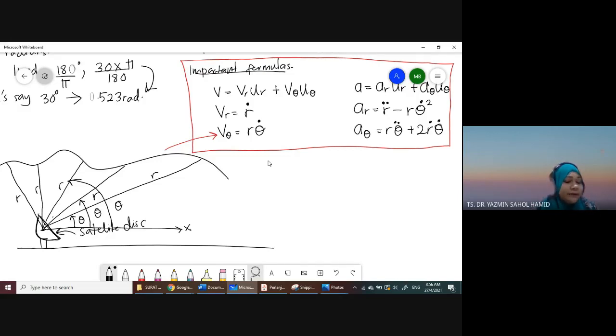So this is what you call the polar coordinate system, where r is the length of the line. This is r, which represents the length of the line.